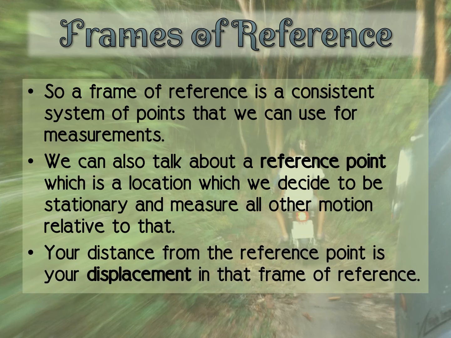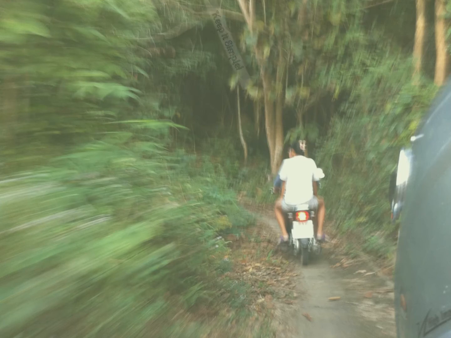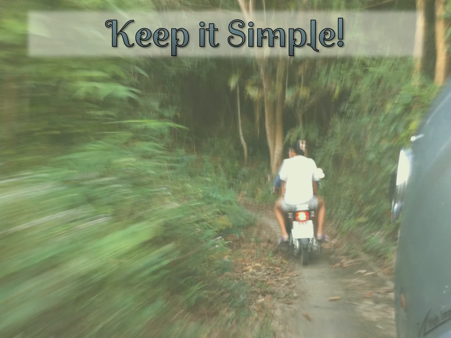And then your displacement is your distance and direction from the reference point in that frame of reference. But remember, there are other frames of reference, they have their own origins, and they could be moving with respect to your frame of reference. But we want to keep it simple.